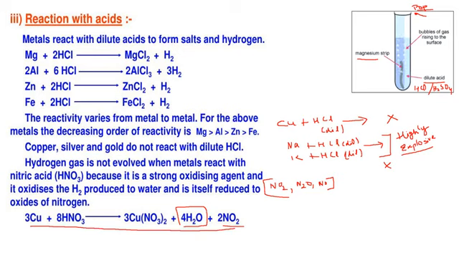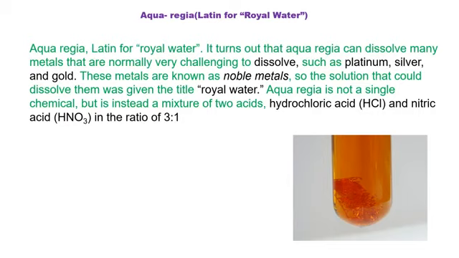So let's take further aqua regia. Now what is aqua regia? As you can see, aqua regia is Latin for royal water. And why do we call it royal water? Because it is able to dissolve platinum, silver and gold, right?